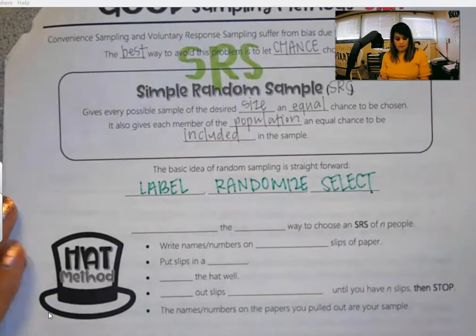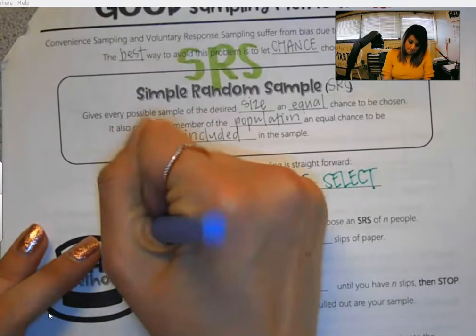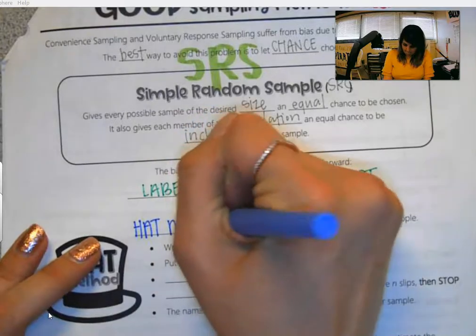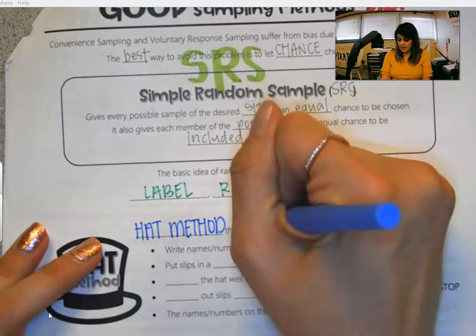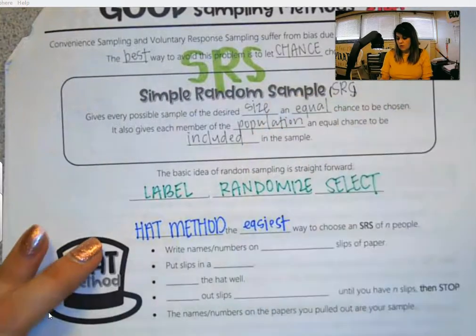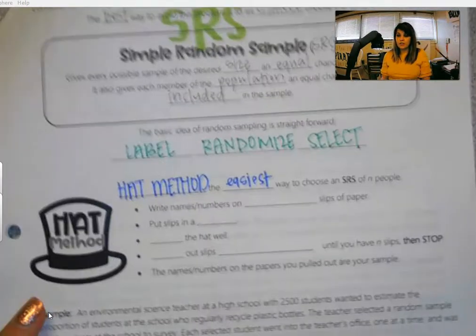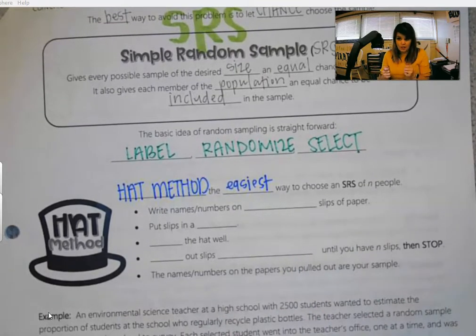Hat method is the easiest way to choose an SRS of n people. Literally a top hat, like a container that you can put papers in and shake, shake, shake.